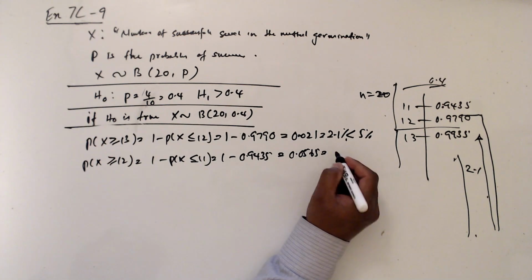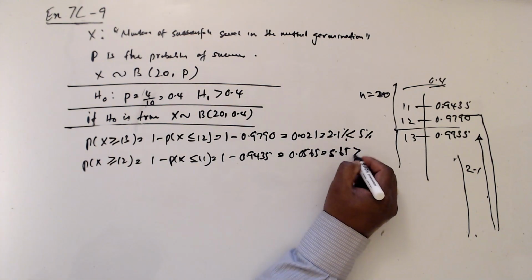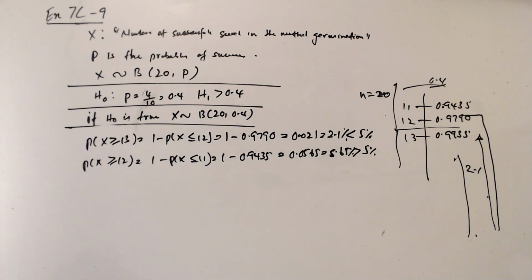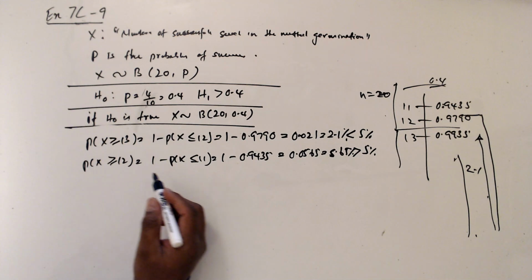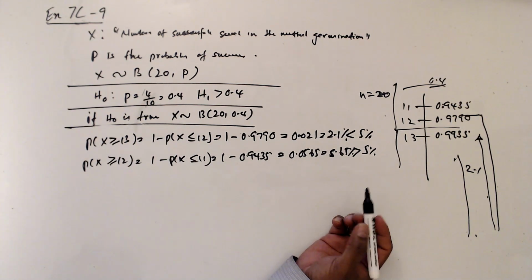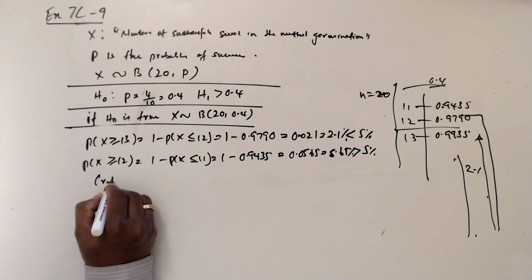I remember we got this one earlier as well. So this is 5.65%, greater than 5%. Then we have to stay with the previous one because this is more than that.